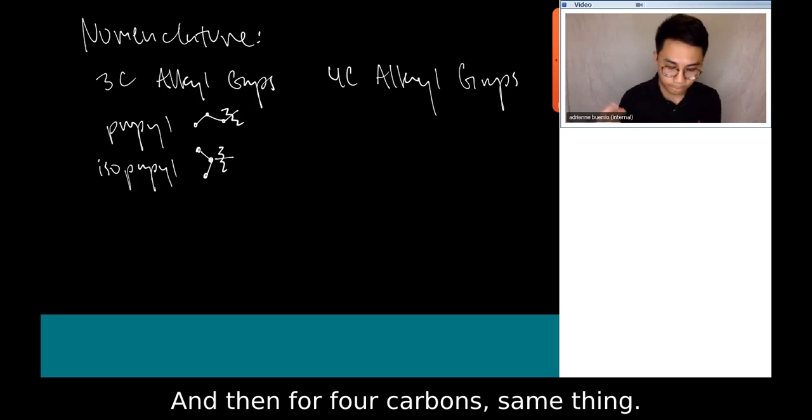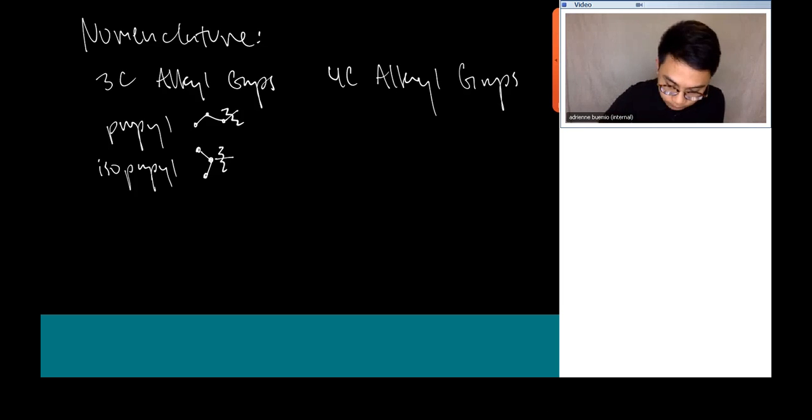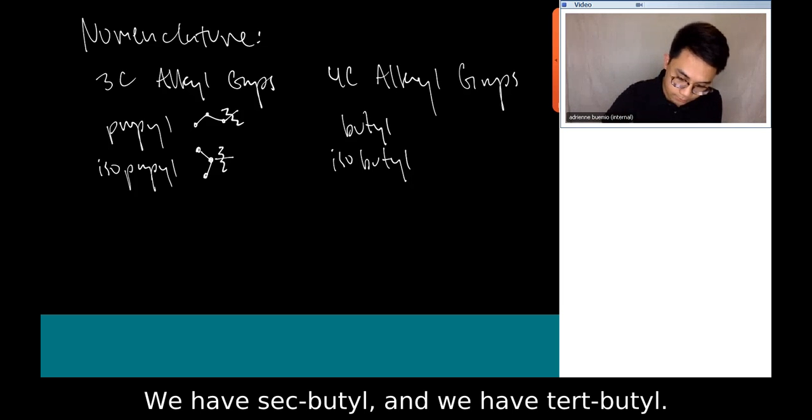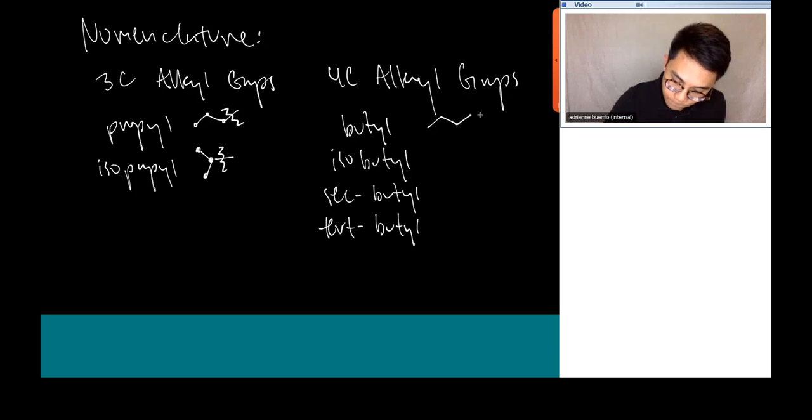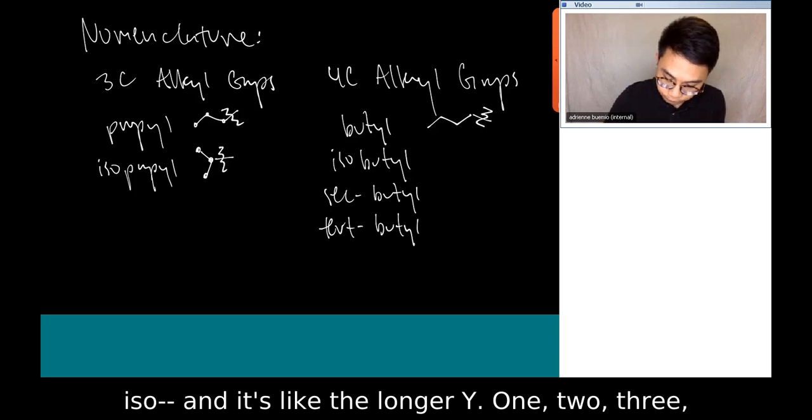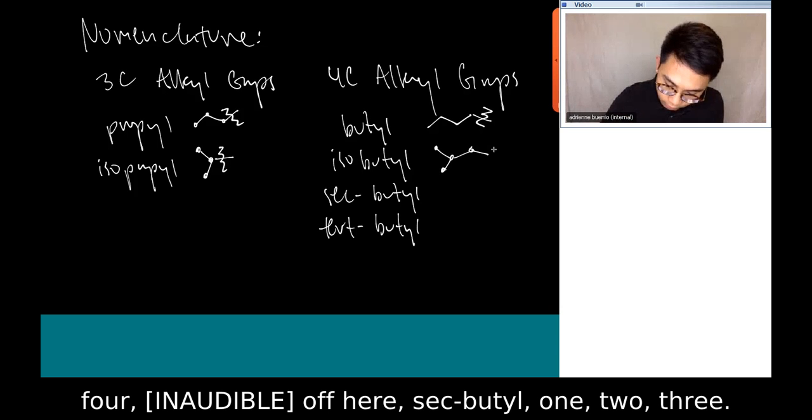And then for 4 carbons, same thing. We'll have butyl, we have isobutyl, we have sec-butyl, and we have tert-butyl. So butyl, one, two, three, four. Iso, and it's like a longer Y. One, two, three, four. Cut off here.